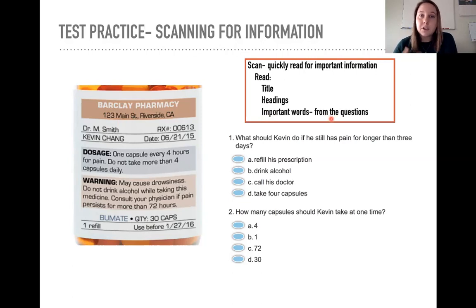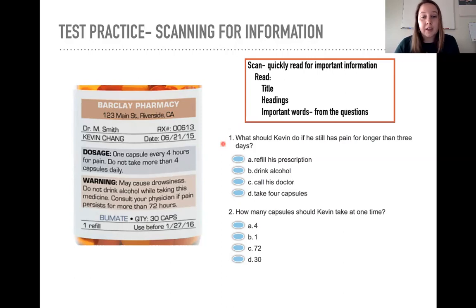Remember, the first thing you're going to read are the questions. Question number 1 says, what should Kevin do if he still has pain for longer than 3 days? As we're looking at that question, what are some important words from the question?